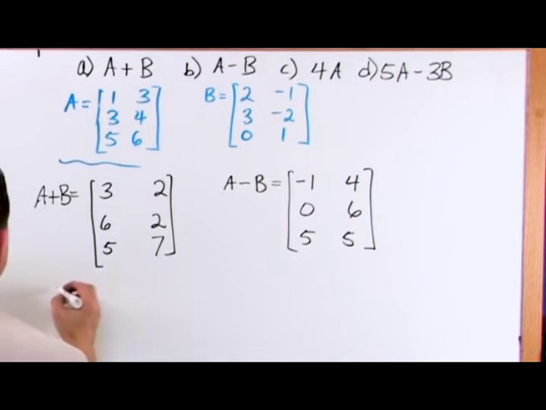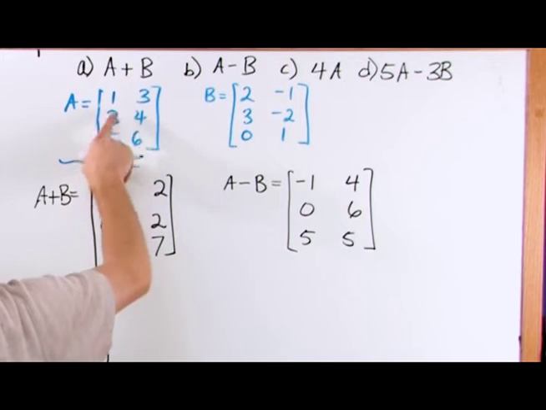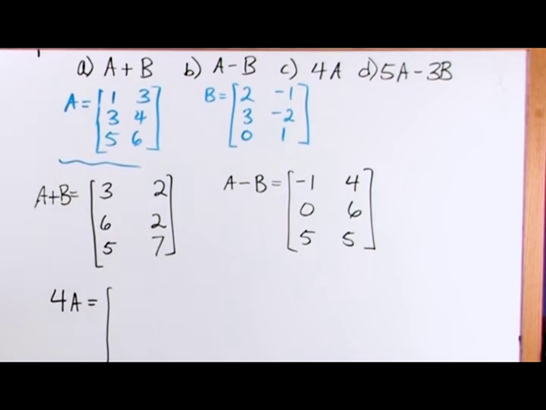The next thing we want to find is the number 4 times the matrix A. Element by element, you're going to be taking this matrix and multiplying the number 4 by every single element.